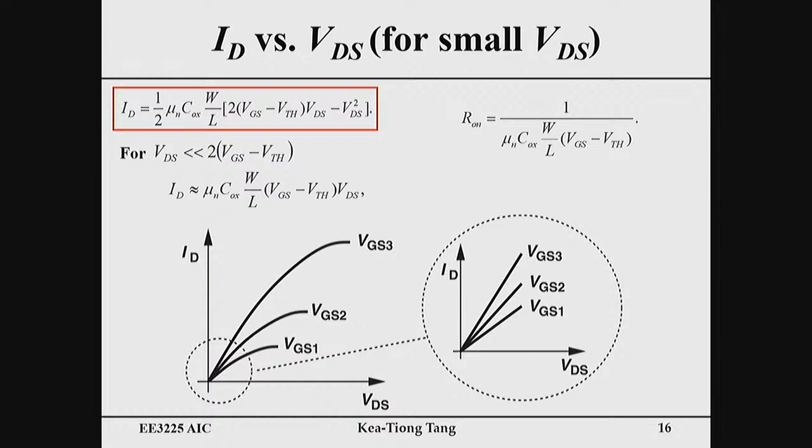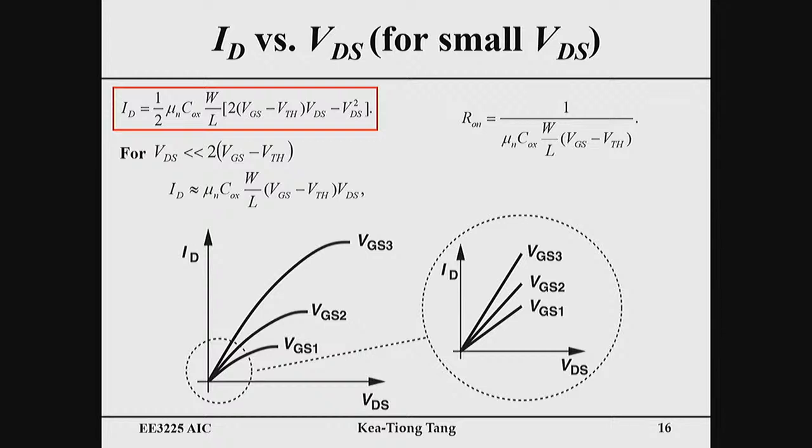As you can see, this would function as a resistor, and the resistance is controllable with the gate voltage. Okay, so it's a voltage-controlled resistance. If you increase the gate voltage, you will decrease the resistance.